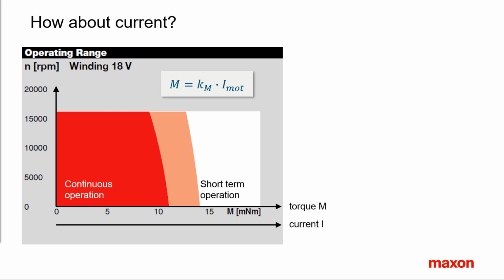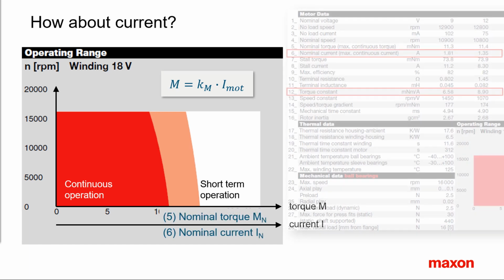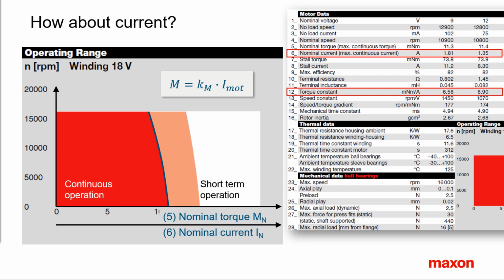So instead of a torque axis, we could have drawn a current axis. Accordingly, the current at the origin of the nominal torque is called nominal current, IN, and can be found in line 6 of the motor data. The torque constant is given in line 12. It gives the amount of torque in millinewton meters produced per 1 amp of motor current.